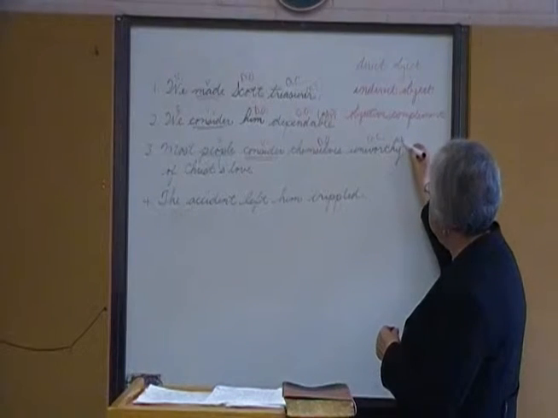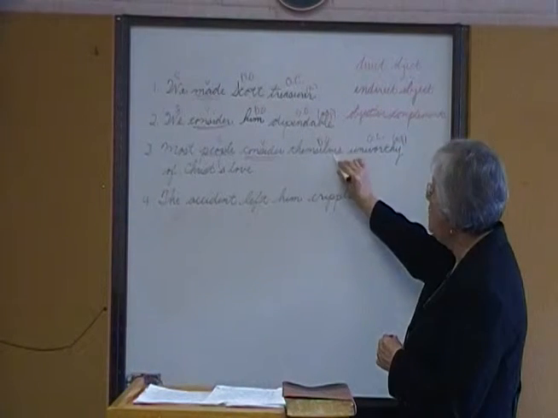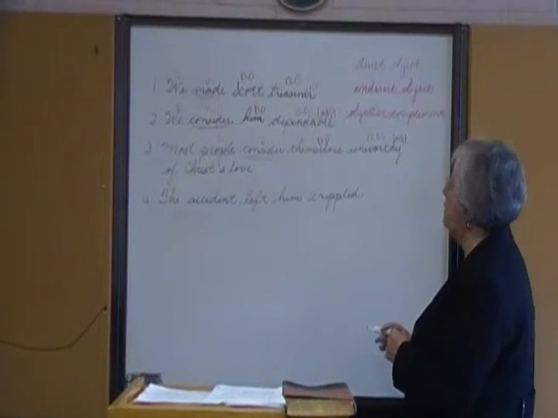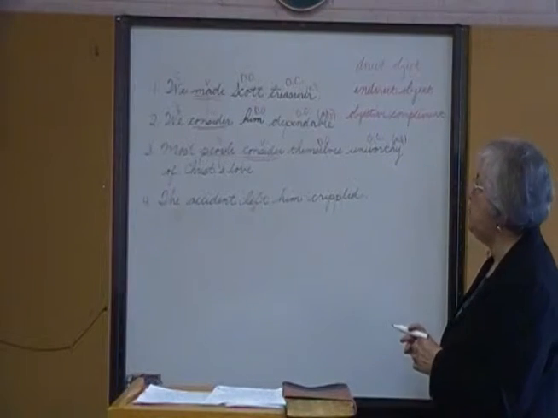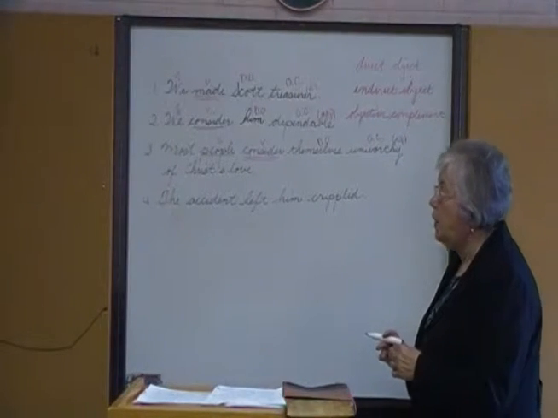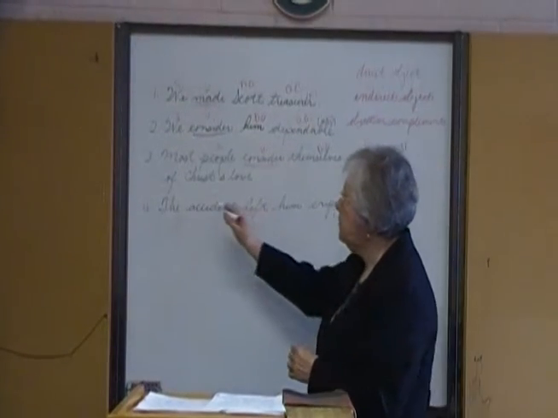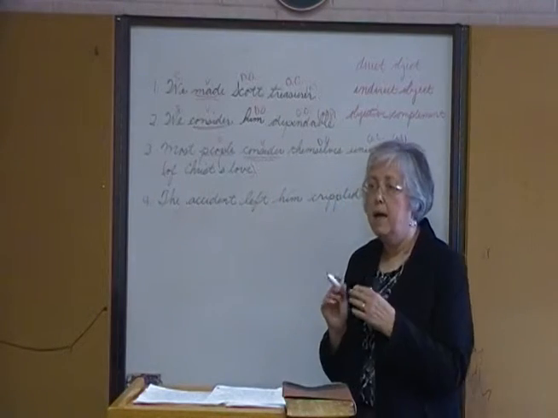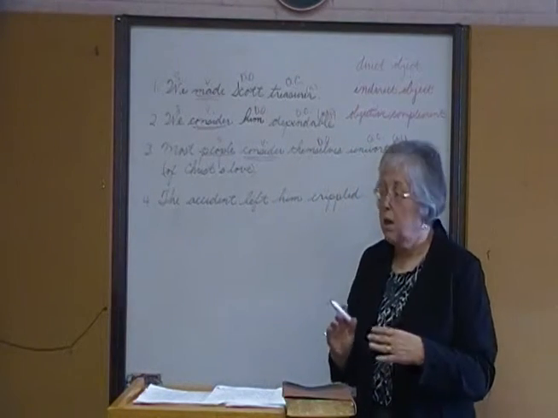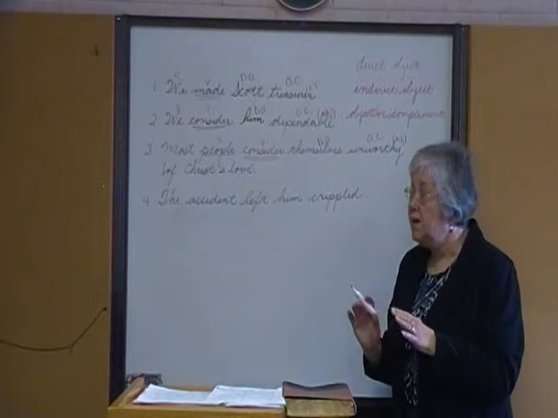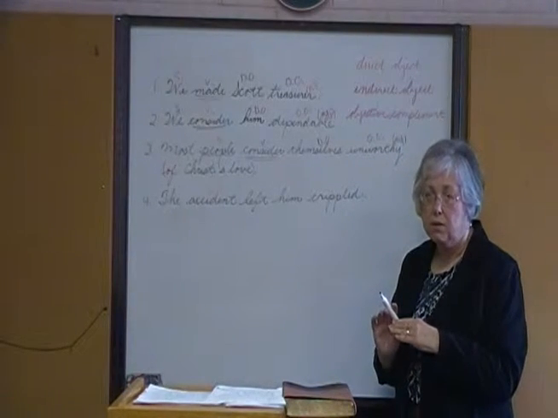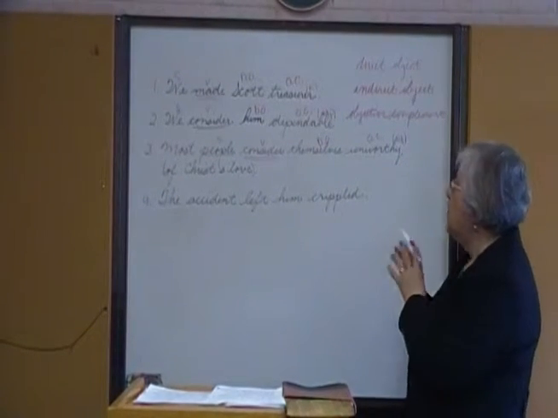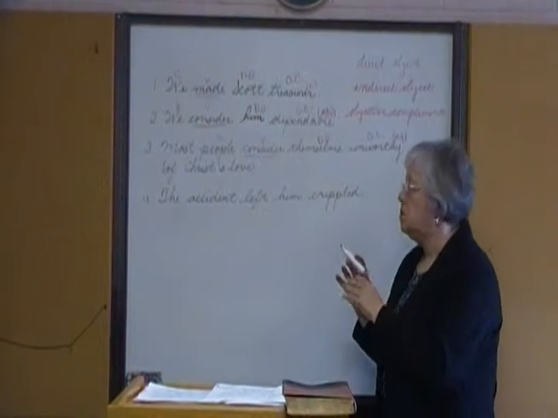It's an adjective following the direct object, and it's describing it or explaining it. So, most people consider themselves unworthy of Christ's love. Again, there's that preposition of. We have a prepositional phrase, and direct objects, indirect objects, objective complements are never found in a prepositional phrase. That's its own unit. It acts as another function in the sentence. But your complements are not found in a prepositional phrase.